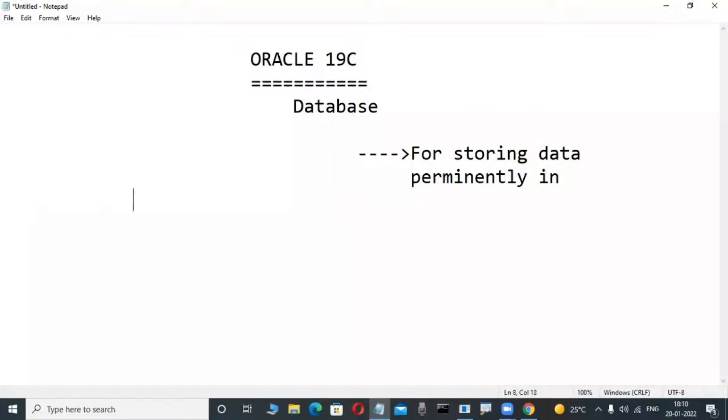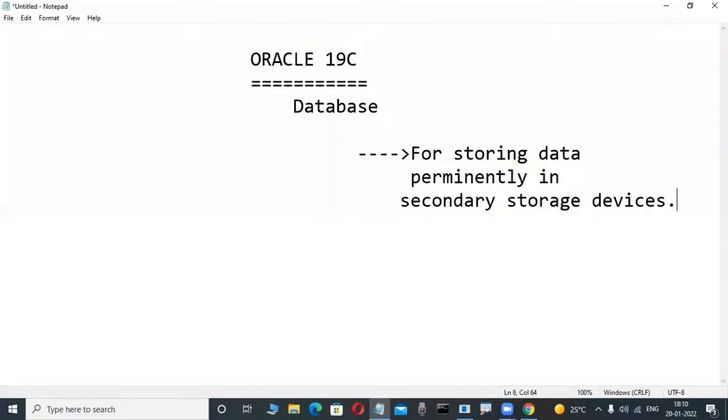Secondary storage devices means maybe a hard disk. Suppose today we store our data, then after 5 years, 10 years, 20 years, 100 years, your data is still available.